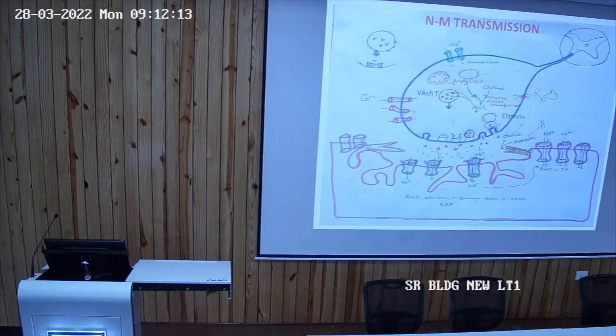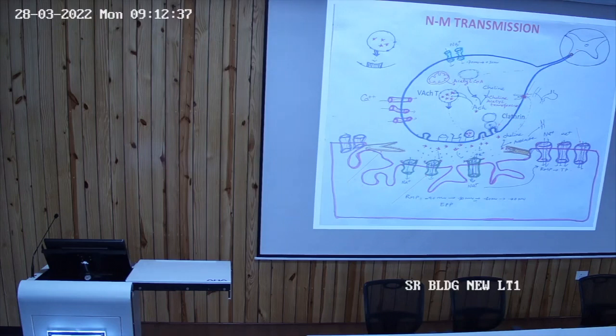From the cell body. Yes, because, as I have told in the previous lecture also, it is having different proteins. That protein has to be generated in the cell body because the machinery is there, and through axoplasmic transport this is coming.